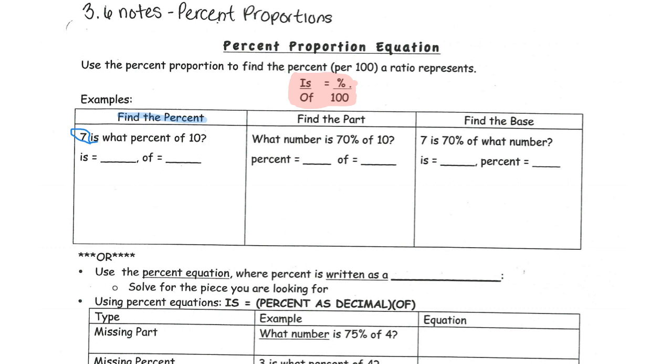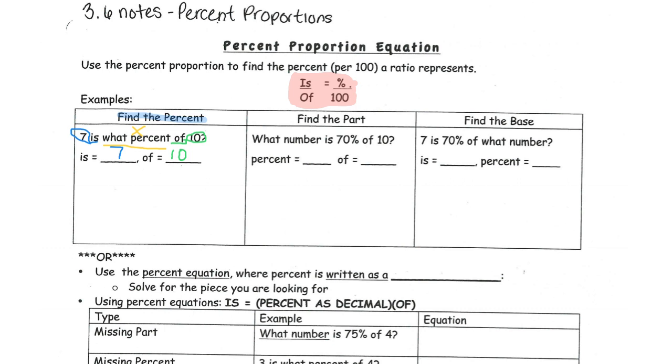So is equal to 7. What comes behind the of is the of word, of 10. And the what percent part, that's what we're trying to find. That's our x value. The percent is our x, because we don't know it.